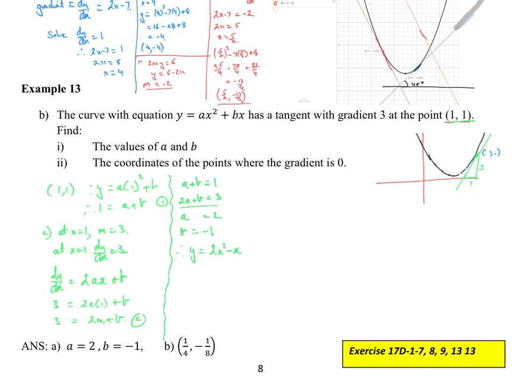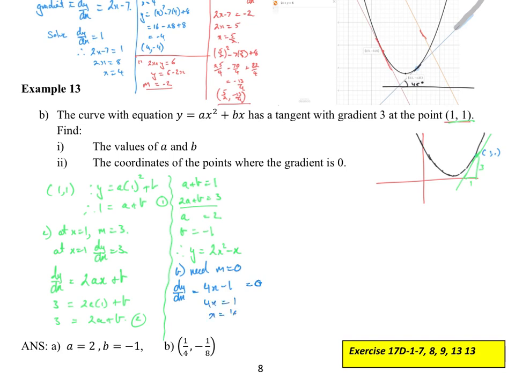Find the coordinates of the points where the gradient is 0. Right, so I've got my rule. So now for part B, I need the gradient equal to 0. So what about this rule relates to gradient? The derivative. So dy dx is equal to 4x minus 1. I want to solve that equal to 0.